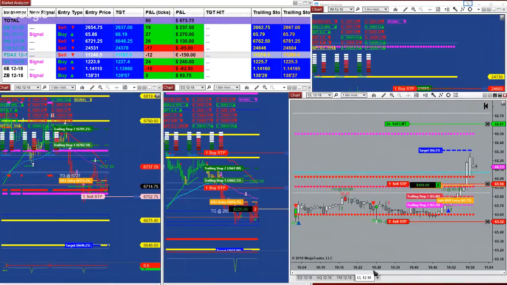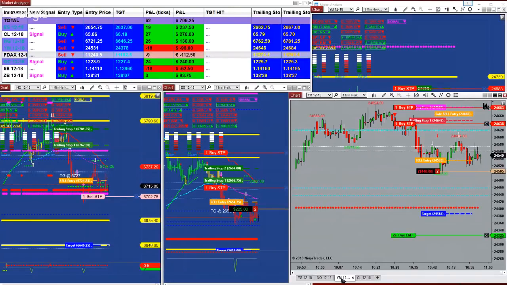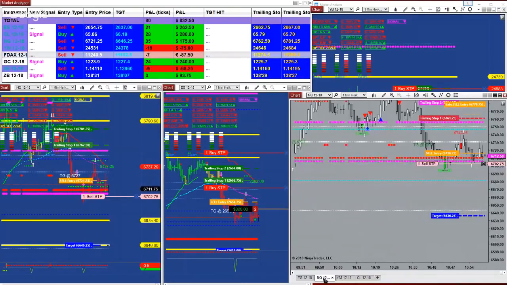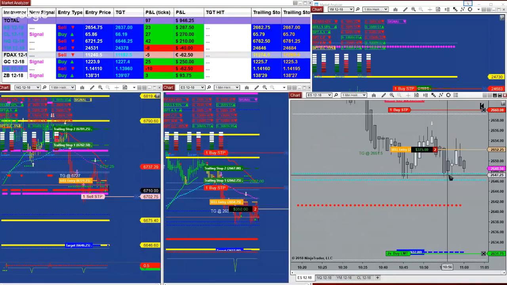The CL right onto the target, pullback. We'll see what will happen. YM, NASDAQ, we're still on that. Everything is hanging on that ES. The whole market, the YM, NASDAQ, we are just waiting on that ES.